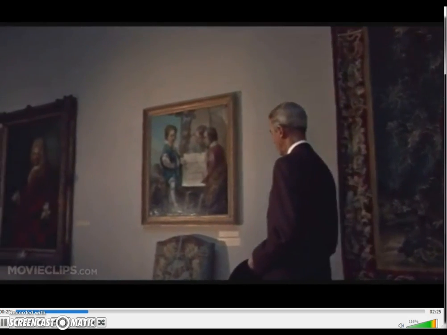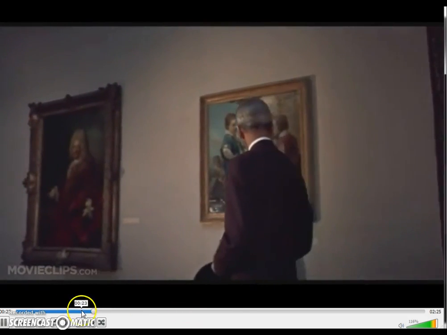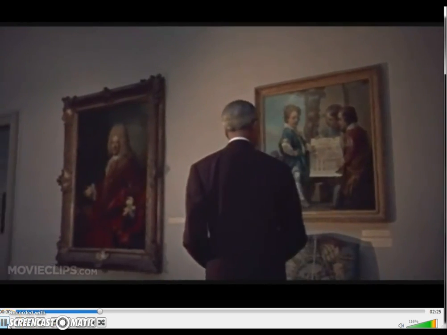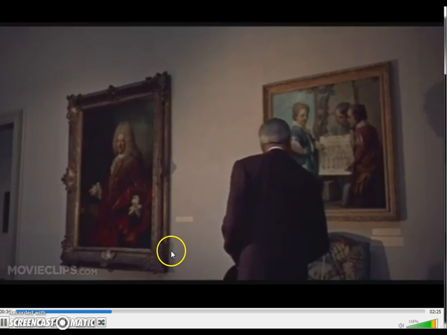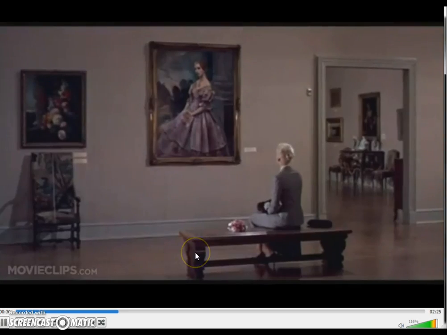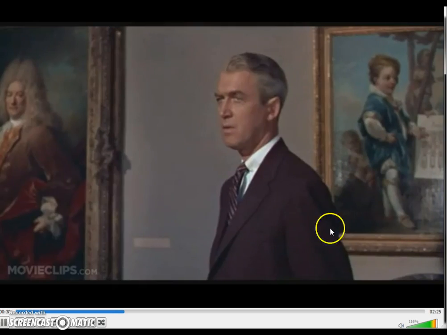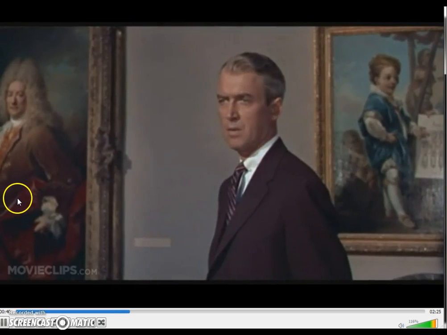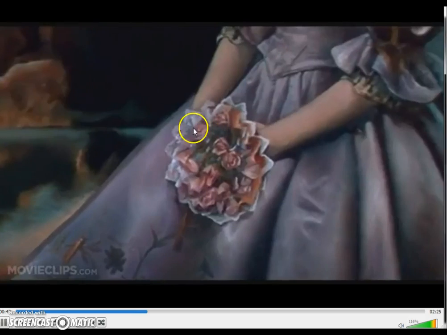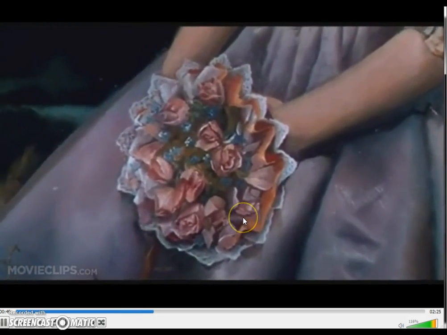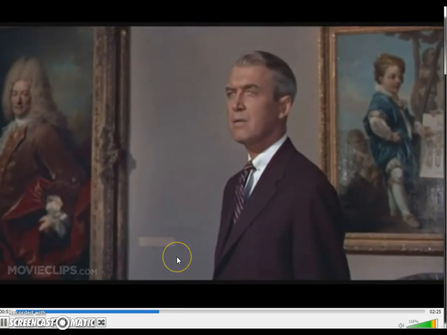So what you saw there was the establishing shot, and then a long shot where James Stewart was standing, and you could even say that one with Kim Novak sitting down, that's a long shot. So now this is a close-up, and this is an extreme close-up, because you're looking at this bouquet.